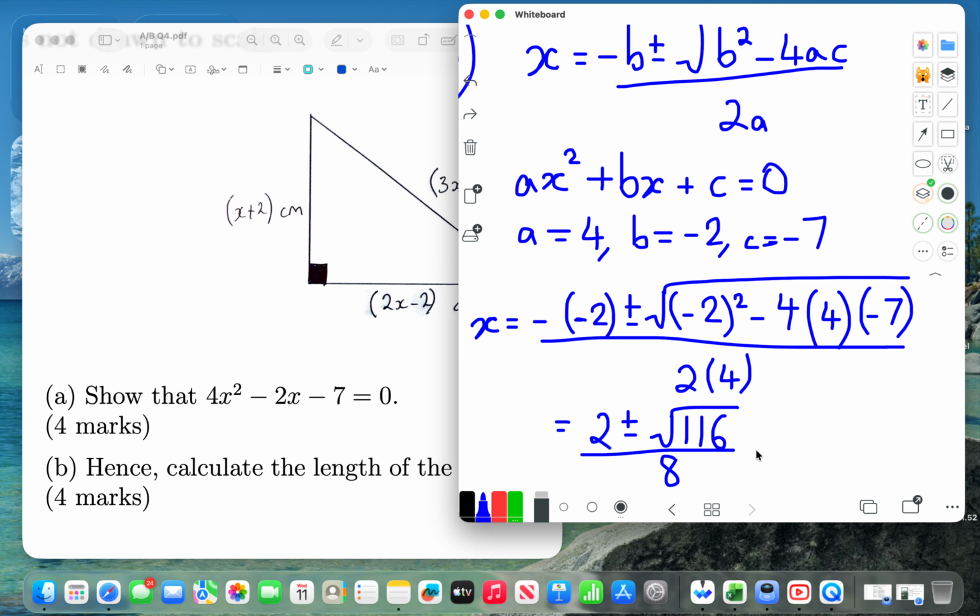So the idea is we will get 2 solutions. The first of these will be 2 plus the square root of 116 all divided by 8. The second is 2 minus the square root of 116 all divided by 8.